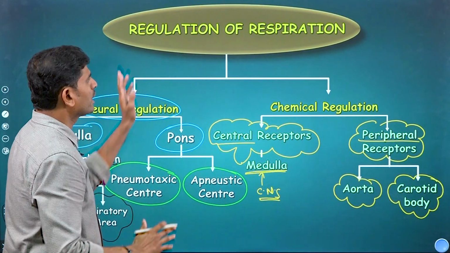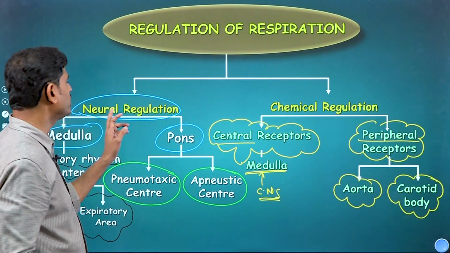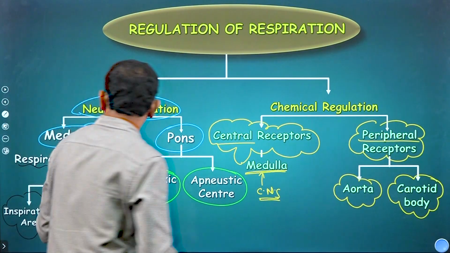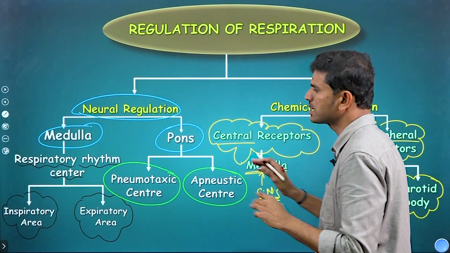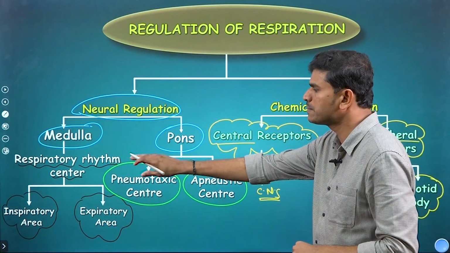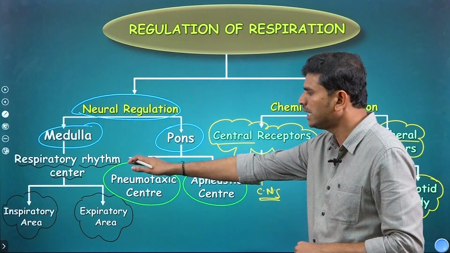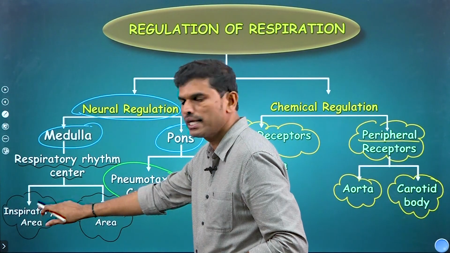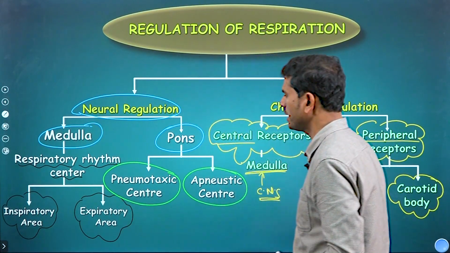So here, regulation of respiration is by neural regulation and chemical regulation. And neural regulation के अंदर major part is medulla, बाद में pons varoli. Then medulla में respiratory rhythmicity center contains two areas. One is the inspiratory area and another one is the expiratory area.